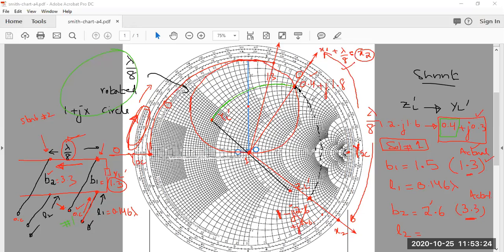So 3.3 may be somewhere over here. So this is let's say 2. This is 3. So somewhere here you will get 3. So in this case, you will move up to this point. So you started at this point, and then you will stop somewhere where you get the reading of 3.3.